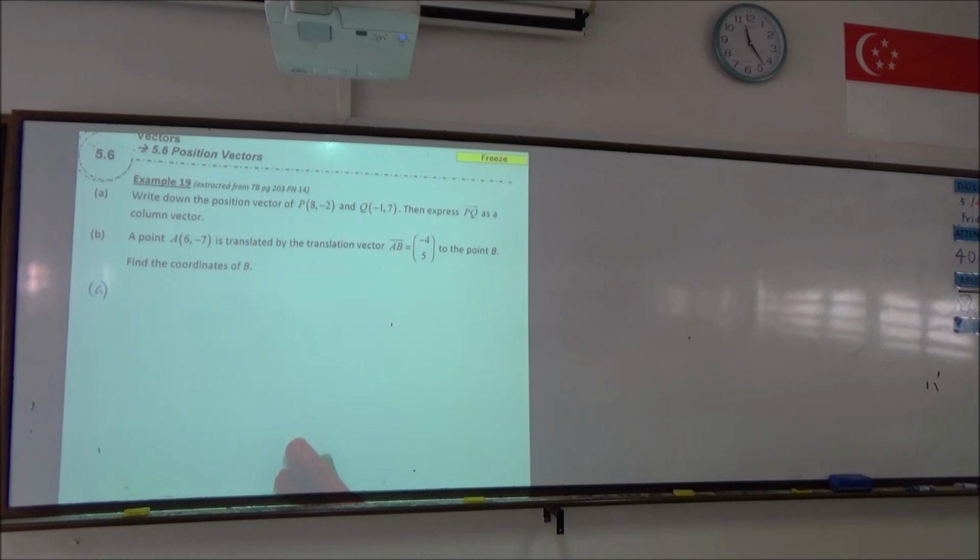I am not using this to show the result, I'm just using it to show this PQ in the exercise. That's all I'm saying.